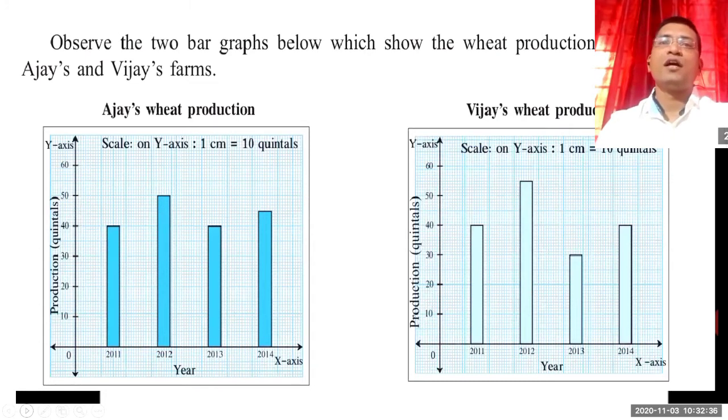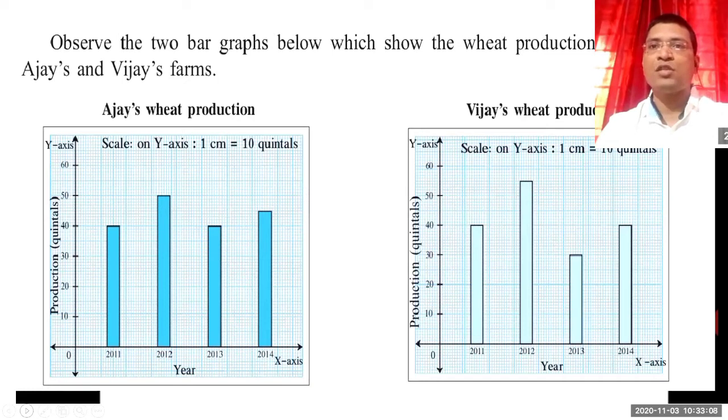So dear students, we are observing this graph. Why is there a need of joint bar graph? We will come to know by this question. Observe the two bar graphs below, which show the wheat production in quintals in Ajay's and Vijay's farms.